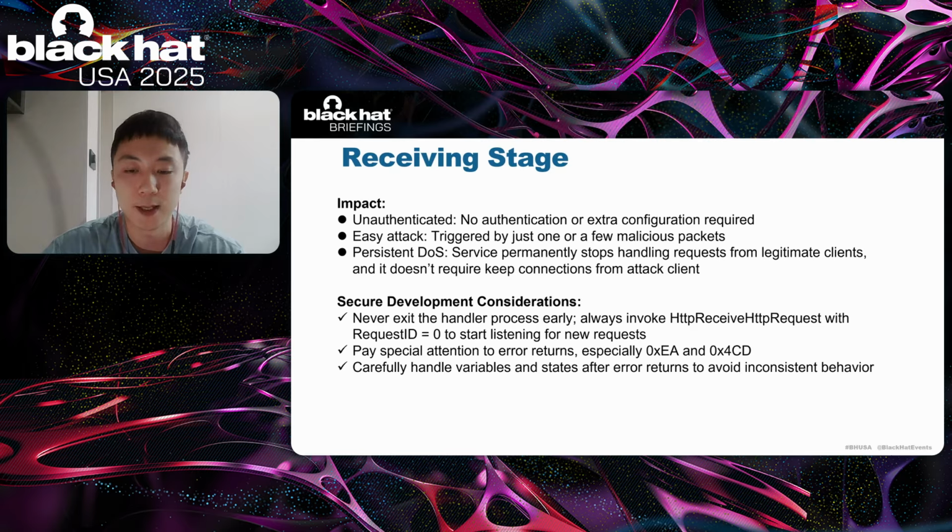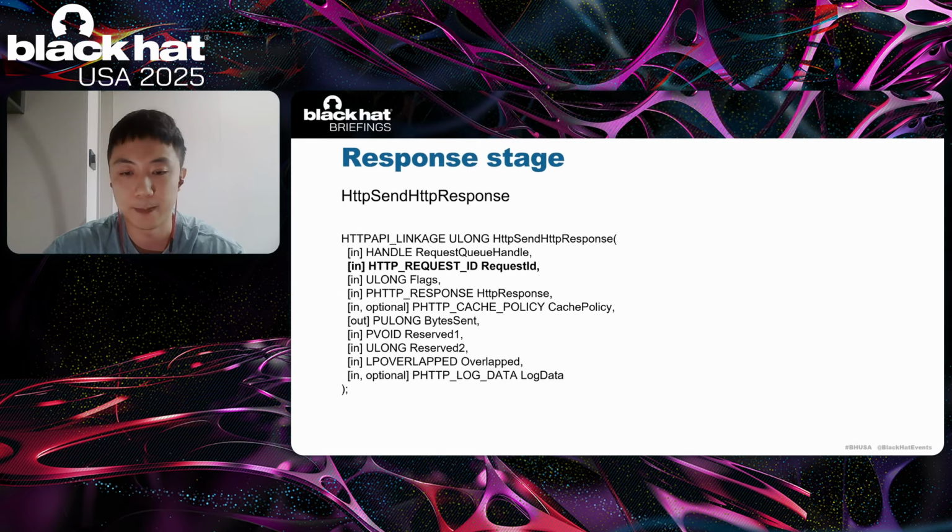In other words, after any request, whether valid or invalid, the service must call the HttpReceiveHttpRequest function with request ID set to 0 to wait for new client requests. It's especially important to carefully check the function's return values and to properly update and validate the receive function's parameters.